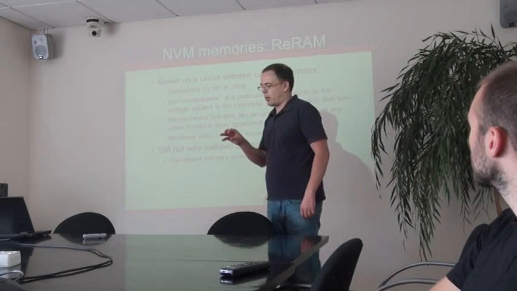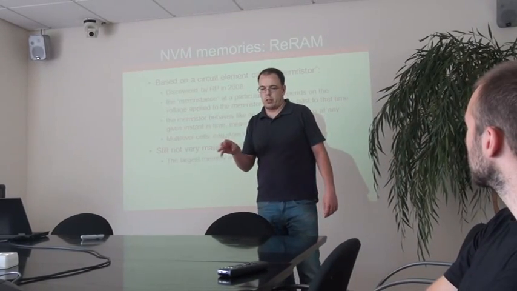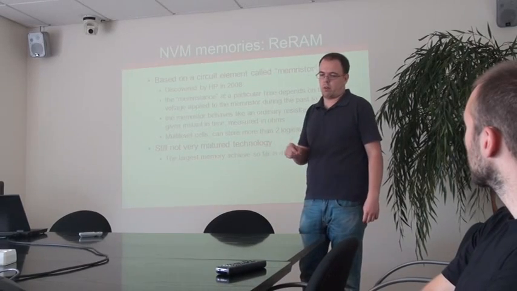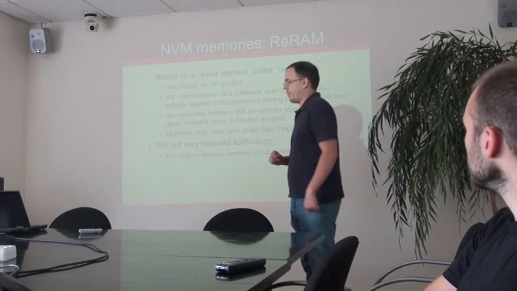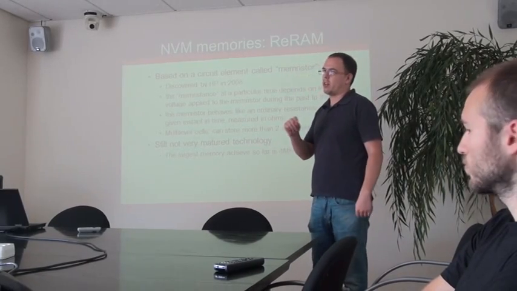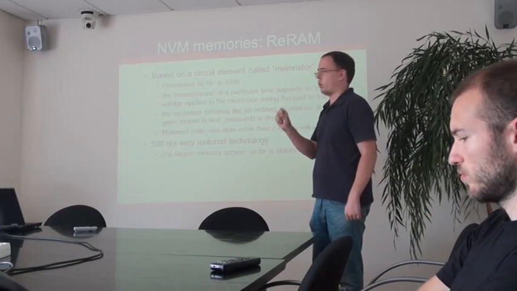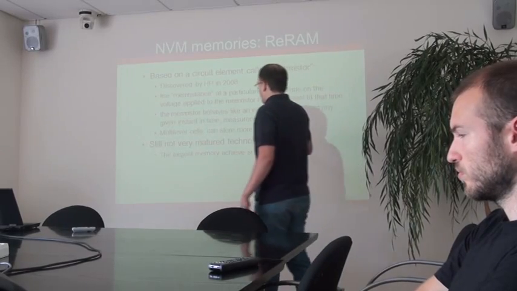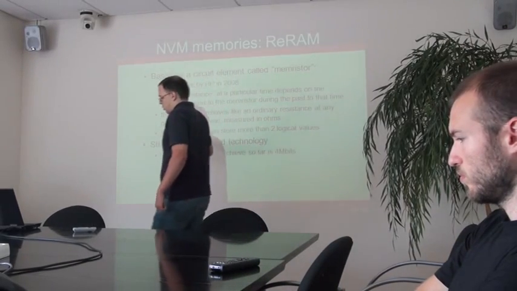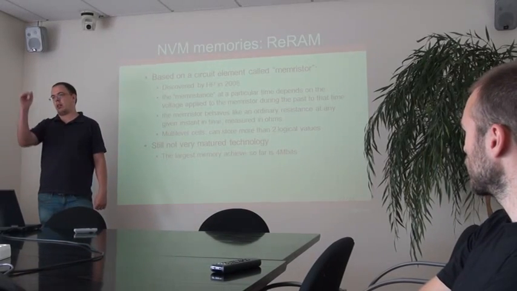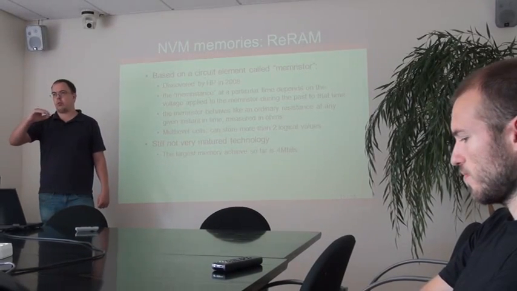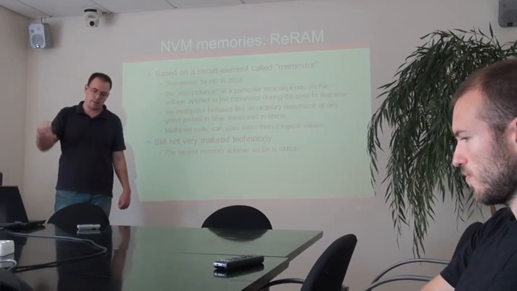So at any instant in time, it's a resistance with units in ohms, like an ordinary resistance, but we can change the value of the resistance by injecting current. This technology allows storing multiple bits per cell, because we can put the memristor in several levels of resistance.